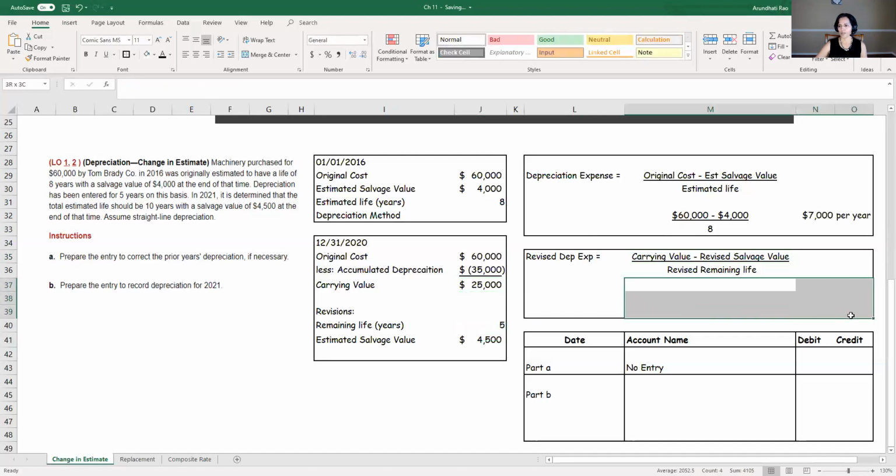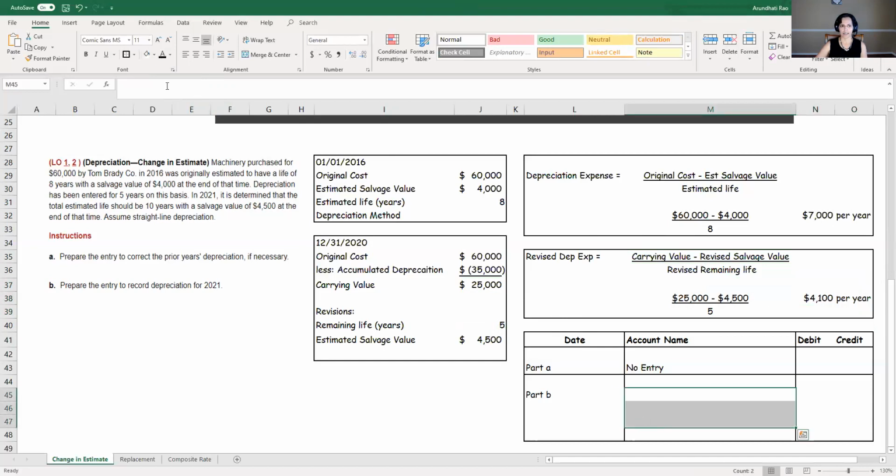I plug those numbers in over here and I come up with a new depreciation expense of $4,100 per year. The accounts that I debit and credit stay the same. It's depreciation expense debit, accumulated depreciation credit. I now know the amount is $4,100.